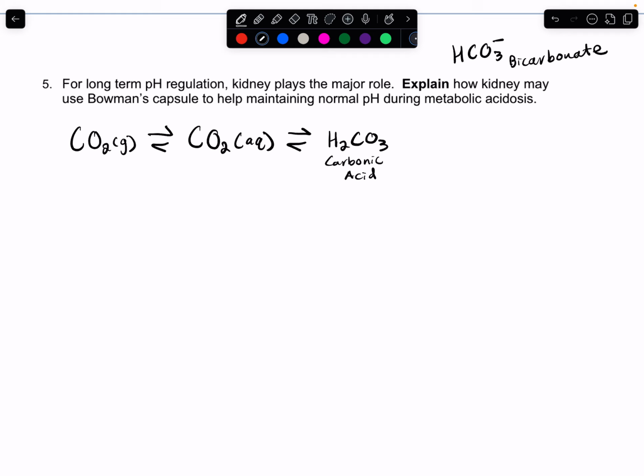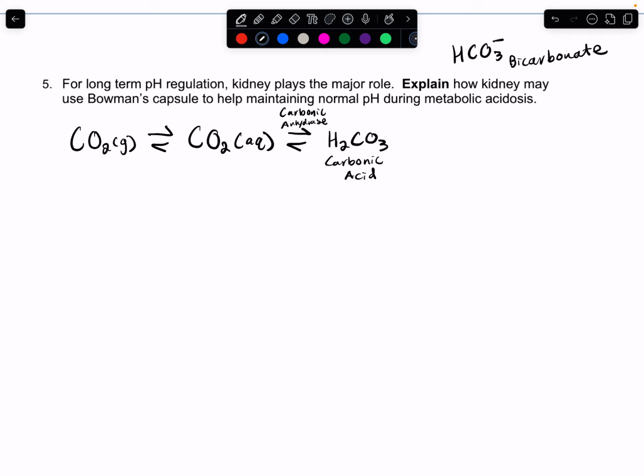So the way our body compensates for this is that it has an enzyme called carbonic anhydrase that speeds up the reaction of carbon dioxide to carbonic acid.